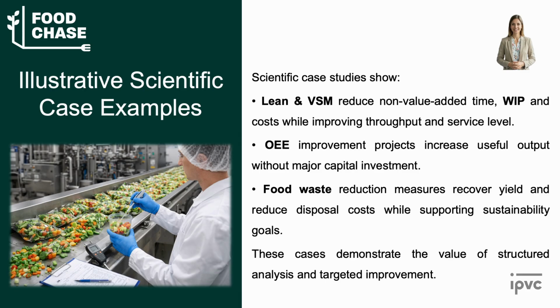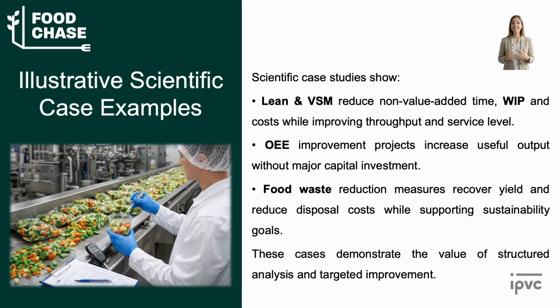Scientific case studies demonstrate the practical value of structured analysis tools and targeted improvement projects in food processing environments. Studies report that using value stream mapping to redesign layouts and flows in small food plants reduces non-value-added time, work in process, and operating costs, while increasing throughput and service level.